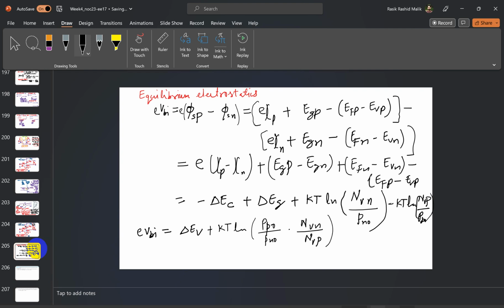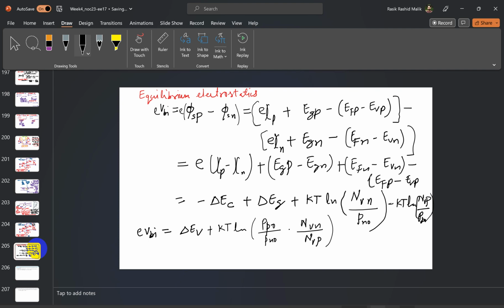So this is the final expression, where PP0 and PN0 are the hole concentrations in the P and N materials, and NV represents the effective density of states in the N and P materials.